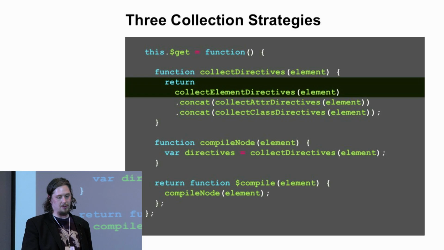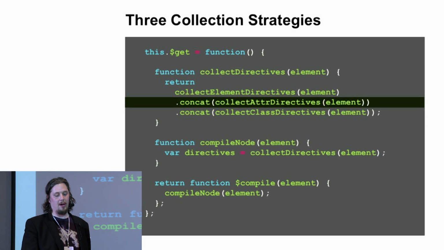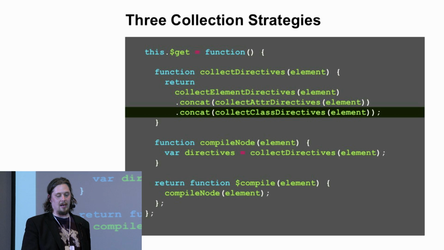And you can match these directives in three different ways. You can match directives to elements by looking at the element's tag name. You can do it by looking at the element's attribute names, or you can do it by looking at the element's CSS class names. And what we do is we try all of those strategies and return a combined collection of all the directives that we have found by any of them.